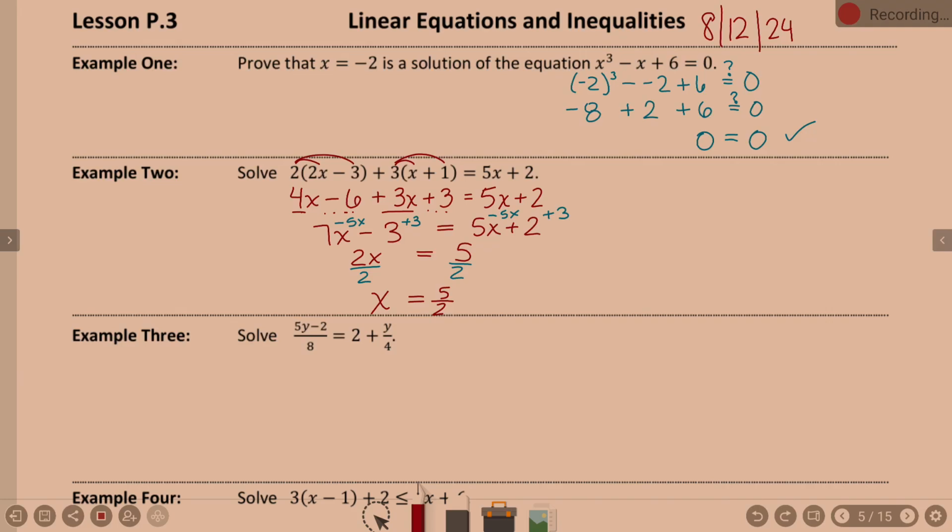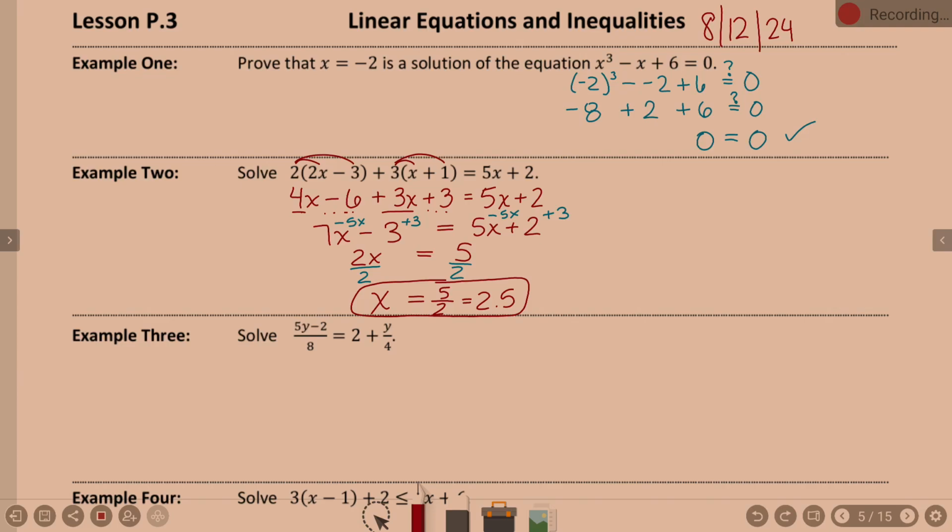Okay, I'll remember that when I'm grading tests. So, 5 halves. If you put 2.5, I'm not against that, but I tend to leave fraction answers most of the time.